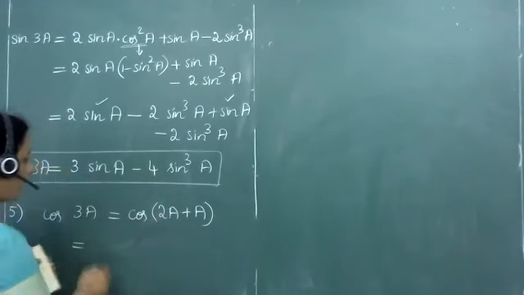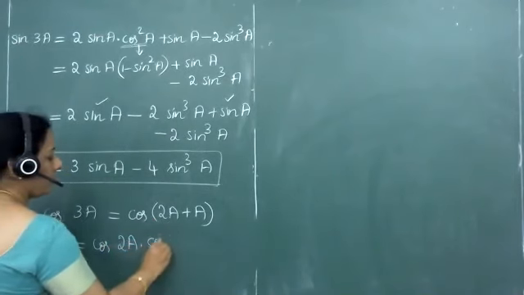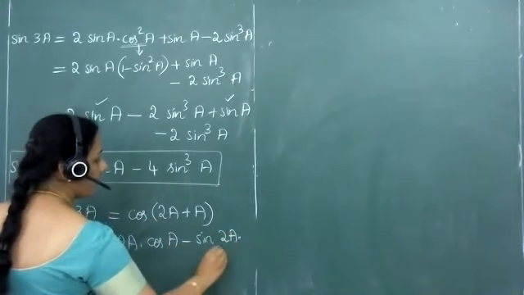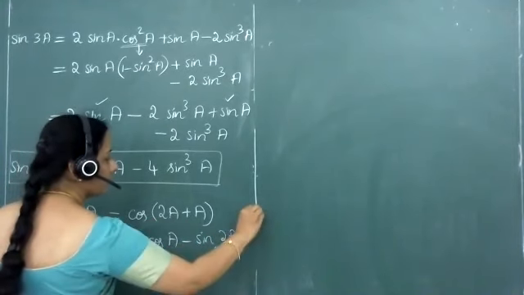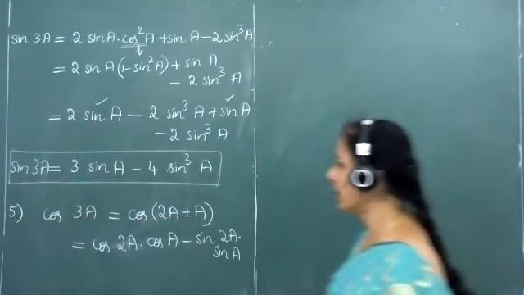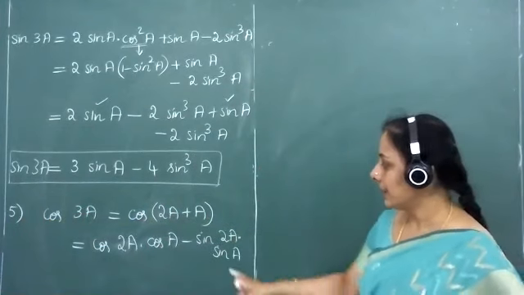Cos of a plus b will be given by cos a into cos b minus sin a into sin b. We have just expanded the term here in the RHS using the cos of A plus B formula.